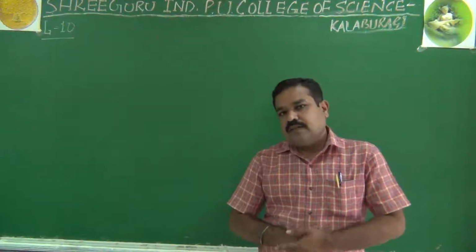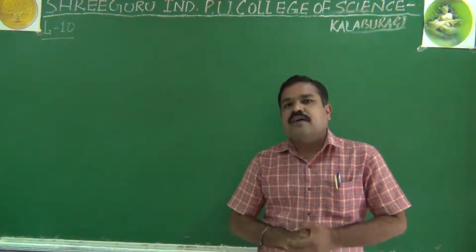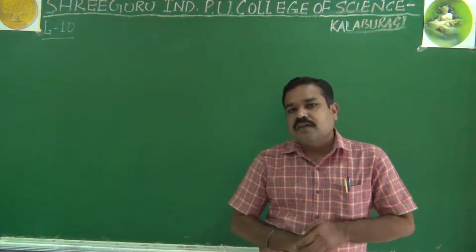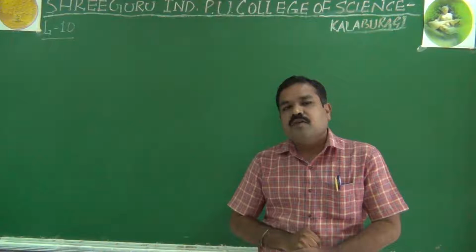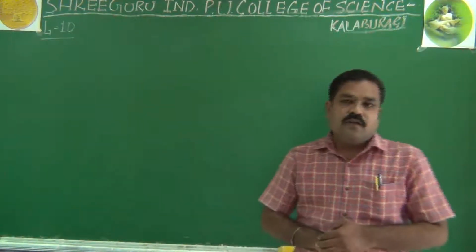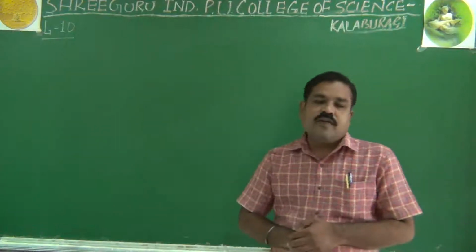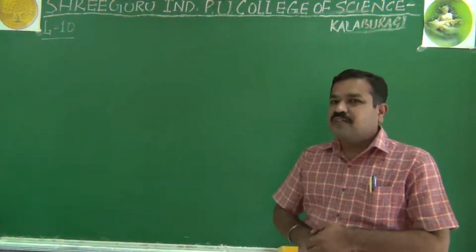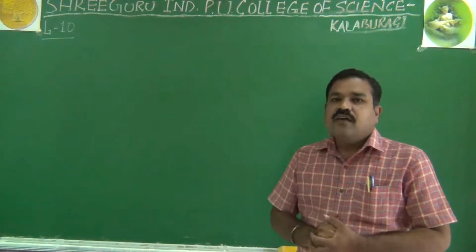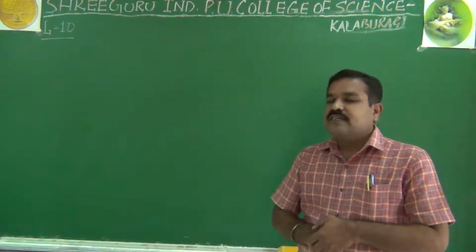See, in the previous class, lecture 9, students have solved numericals based on the de Broglie wavelength, that is using the de Broglie equation, lambda is equal to h by m into c. Then we also solved some numericals based on calculating the energy of a photon when wavelength is given, and energy of a photon when frequency is given.